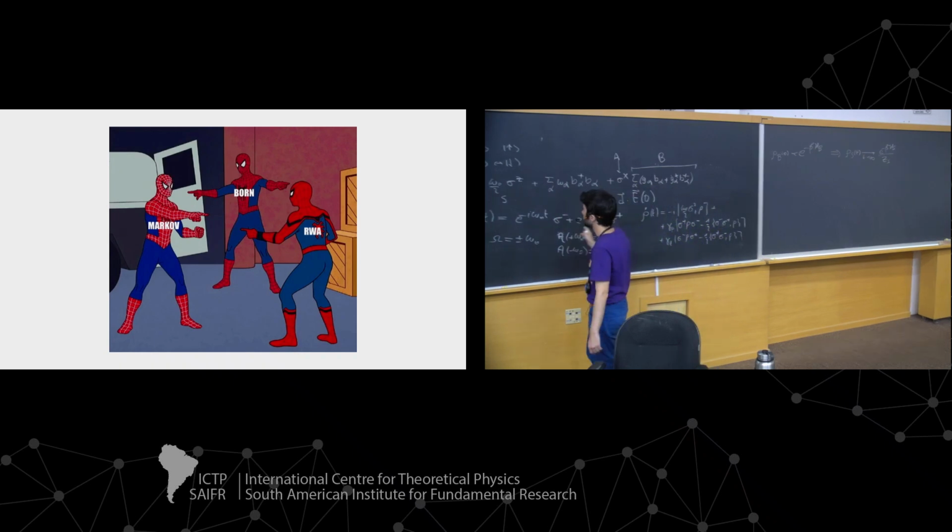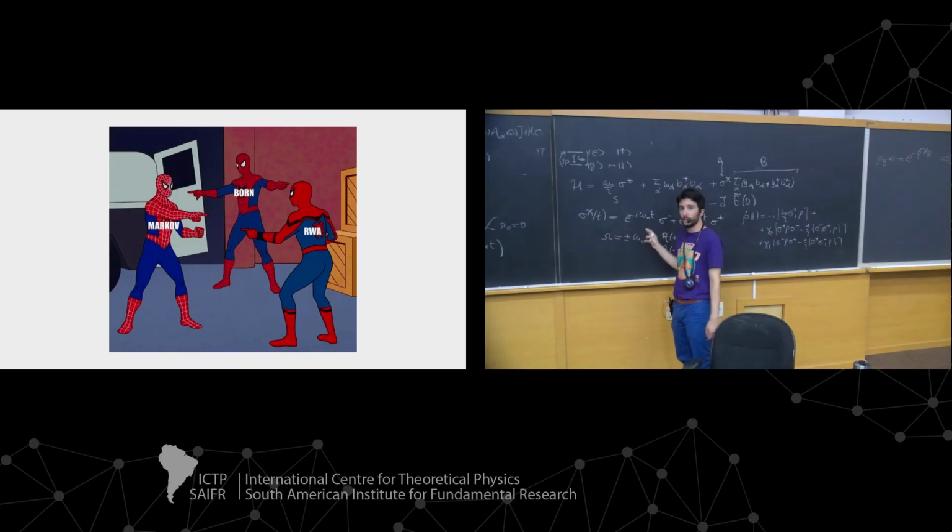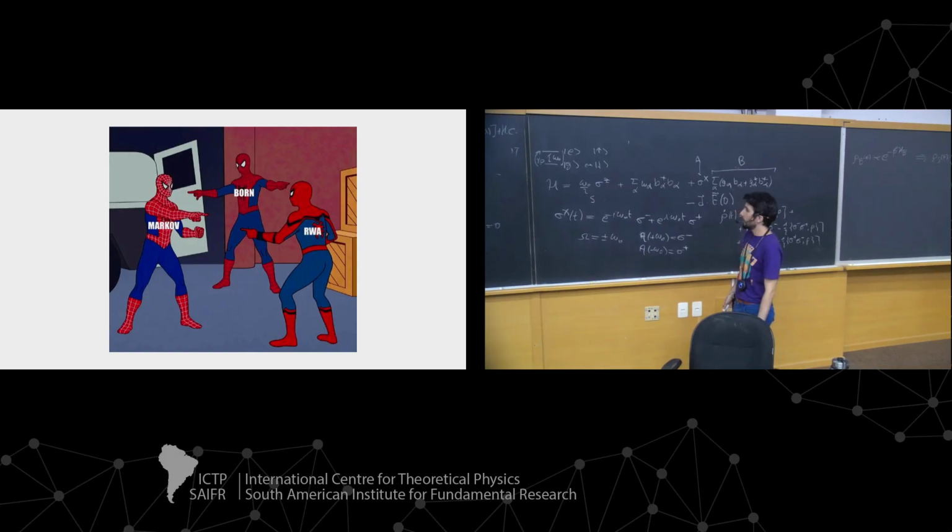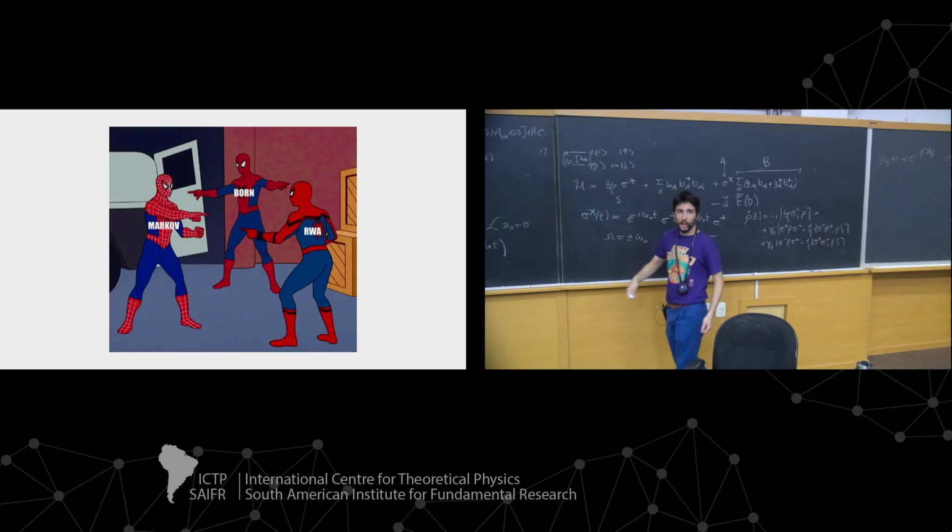It's not particularly difficult to prove this equation. You just use the commutation relations for spins. And depending on your taste, either you take the commutator of this with this, you're going to get sigma y, and then you take another commutator.